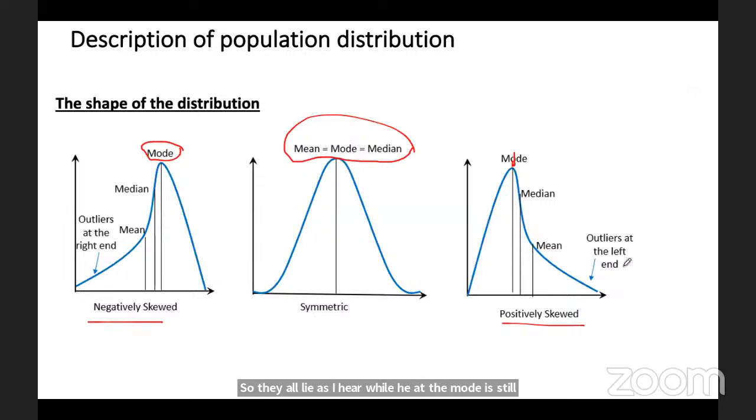So you can see that these big values here tend to pull it this way. That's why I said if Bill Gates joins our class and we calculate how much money we have on average in our accounts, then we may all walk away from the class very happy that we are very rich because the average is very high. But the average has been pulled away by Bill Gates or a rich person in this class.